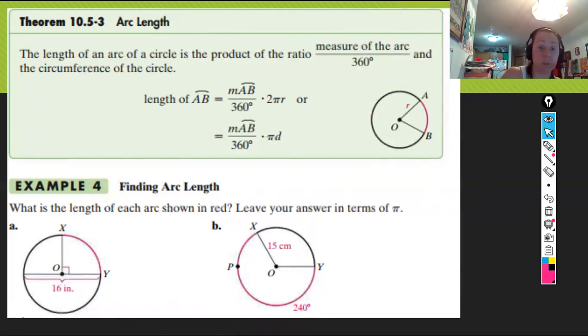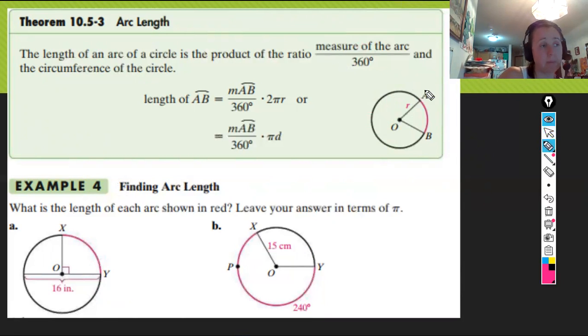Okay, arc measure is degree measurement. So it is kind of tricky there. Arc length is the fraction of the circumference of a circle and calculated that way. So arc length is what fraction of the circle's circumference that is.